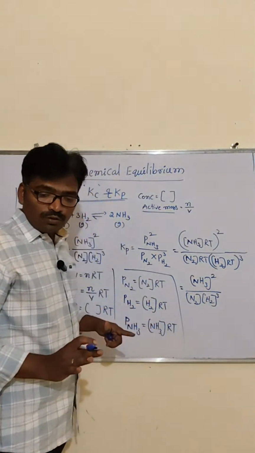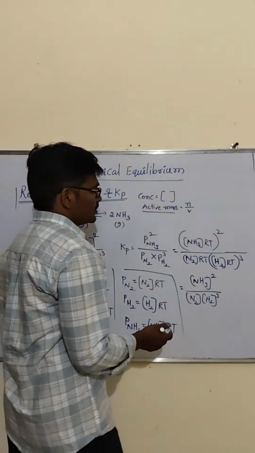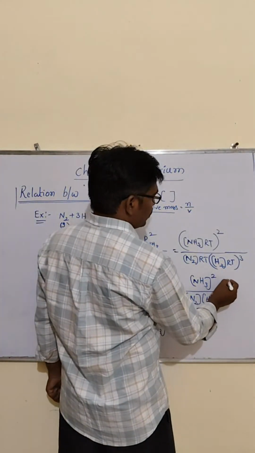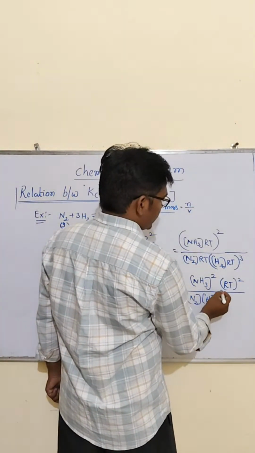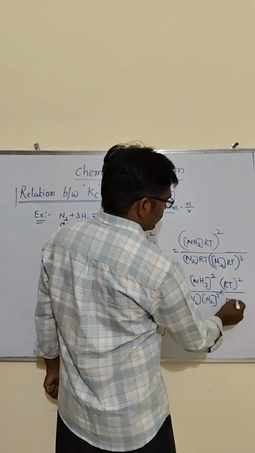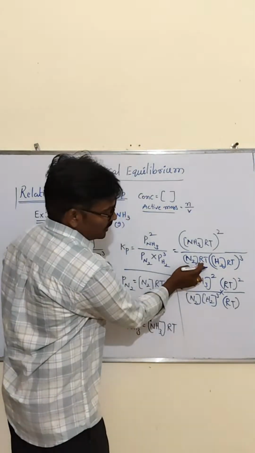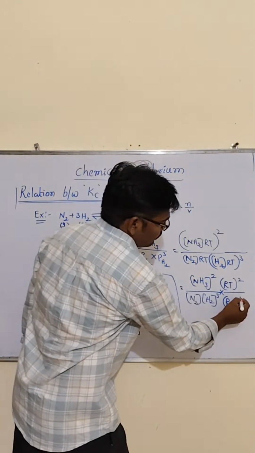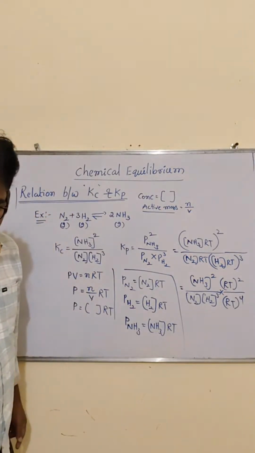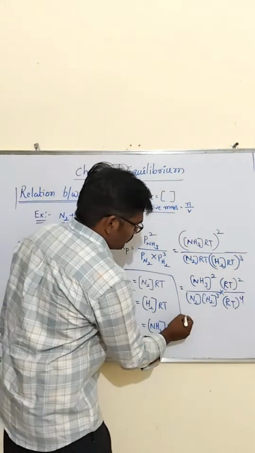Then the remaining terms are R and T, right? So RT whole to the power 2, divided by RT whole to the power, here 1 and here 3, total 4. Clear? Understand?